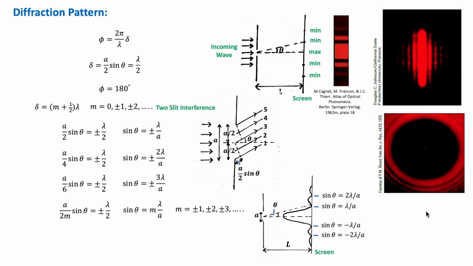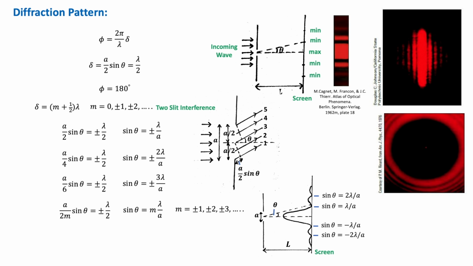This result we have found before from the analysis of the two-slit interference pattern, where we showed that destructive interference occurs if the path difference is equal to (m plus 1/2) lambda, where m is equal to 0, plus or minus 1, etc. So in this case, for a single slit diffraction pattern, destructive interference occurs if the path difference a over 2 sine theta is equal to plus or minus lambda over 2.